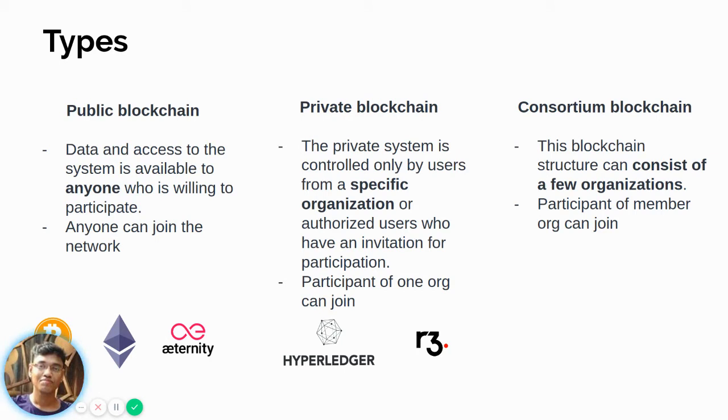So there are essentially three types of blockchain. One is a public blockchain where anybody can see what's going on, right? Anybody can join the network. Then there is a concept of consortium blockchain, where the blockchain structure can consist of a few organizations. Okay, like the participating members can join. So, what does it mean?